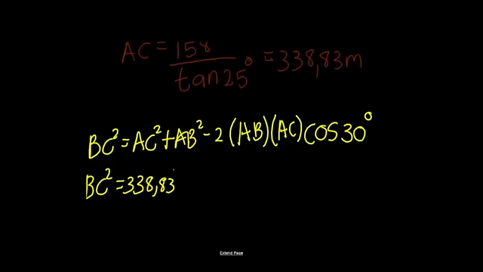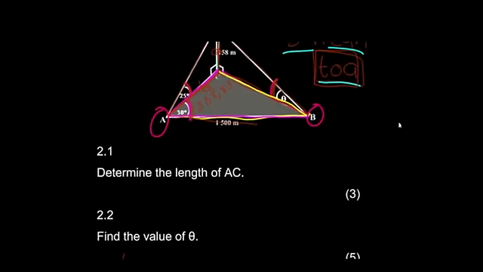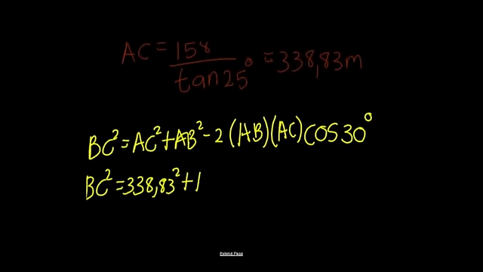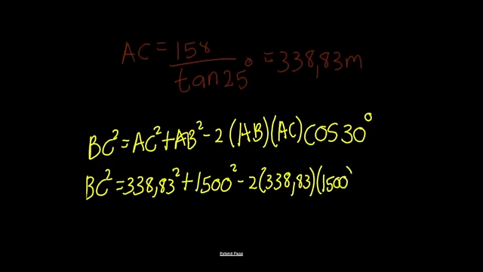338.83 all squared plus, how big is AB? AB is 1,500. 1,500 minus 2 multiplied by 338.83 multiplied by the 1,500 cos 30 degrees.